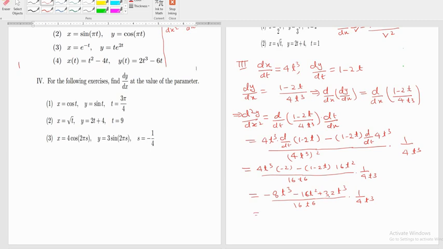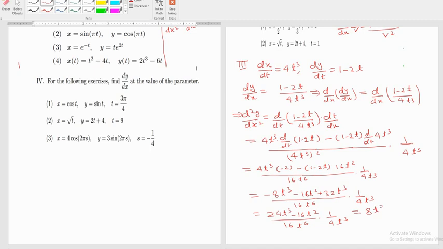Just simplify it. It is 32 minus this one. So that means 32 minus 8, that means 24. 24t cube minus 16t square divided by 16t power 6 and 1 divided by 4t power 3. So now if you simplify it, we can take the outside t square common and 8.